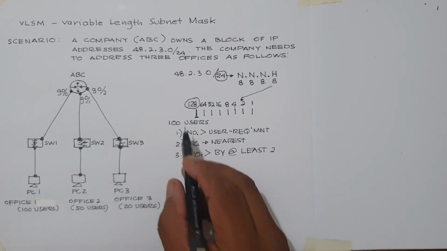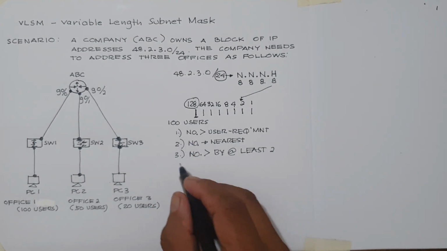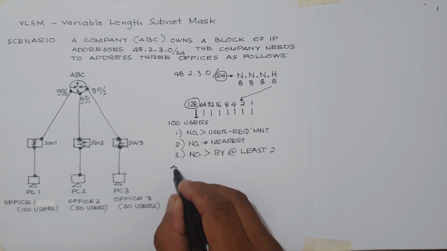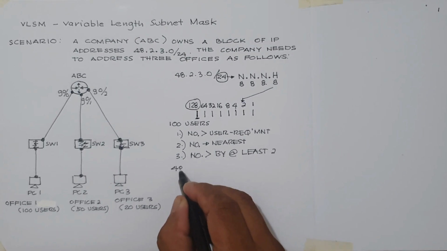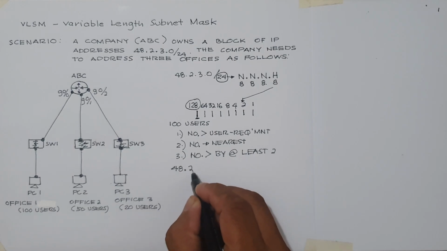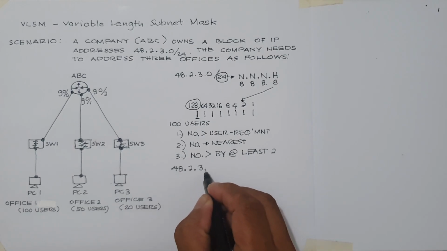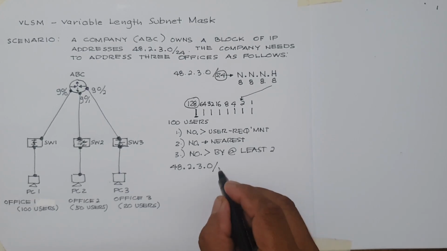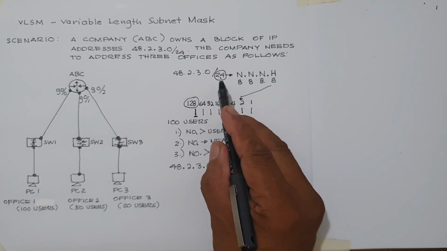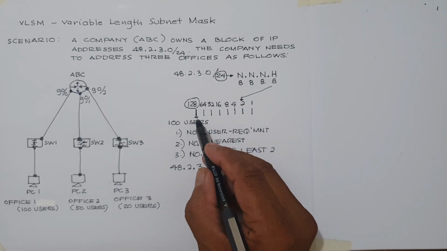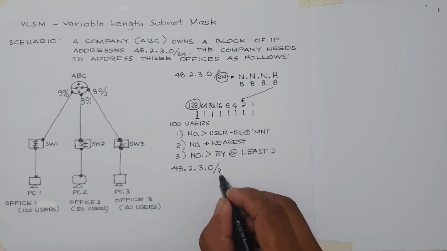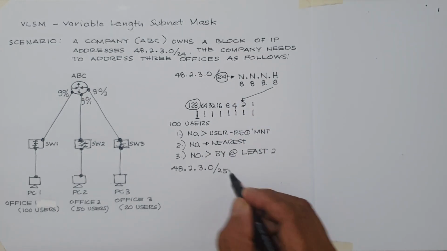So to support this 100 users, we will now take the first subnet, which is 48.2.3.0 slash, instead of using 24 now, we add the 1 bit here. So 24 plus 1, it is now 25.